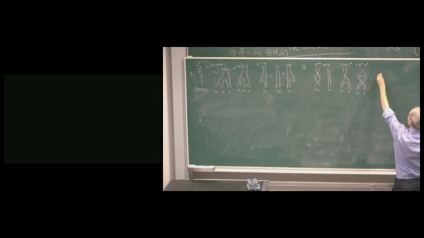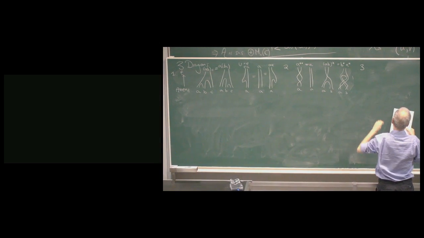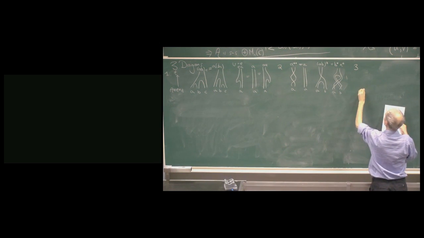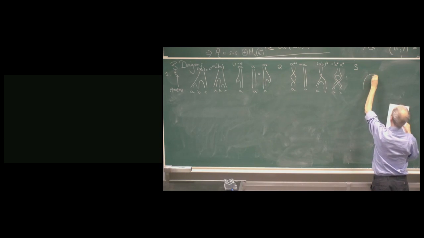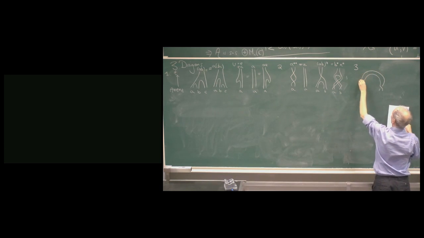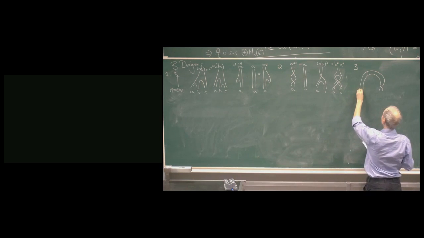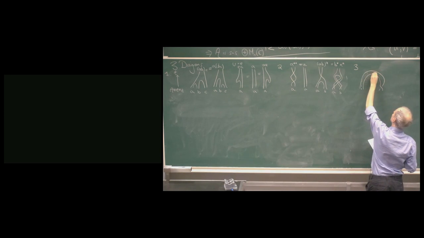Axiom 3, now let's get something more interesting. So let's draw this one. I'll draw the picture first. So this is where we first meet the Hilbert space. And I want to distinguish the Hilbert space from the algebra. So I'm going to put a dotted line along here.